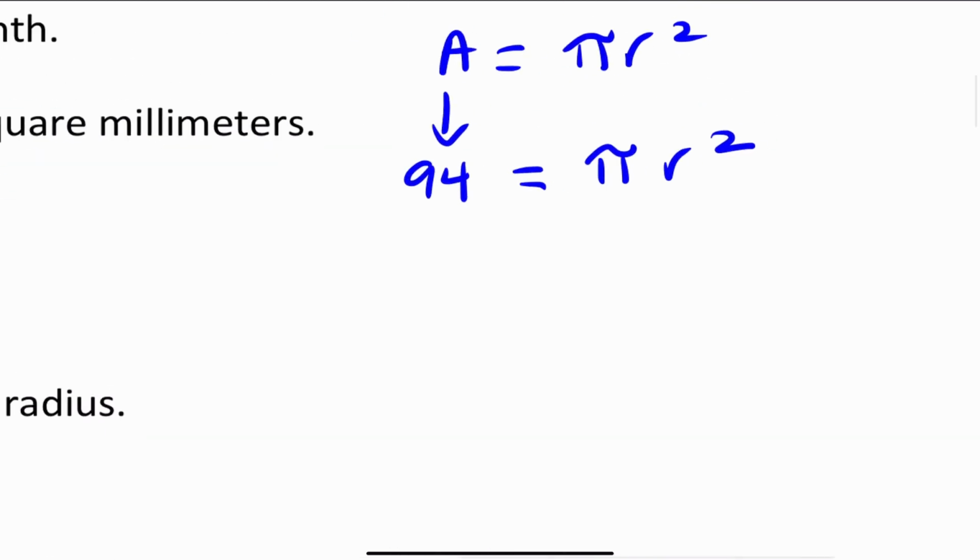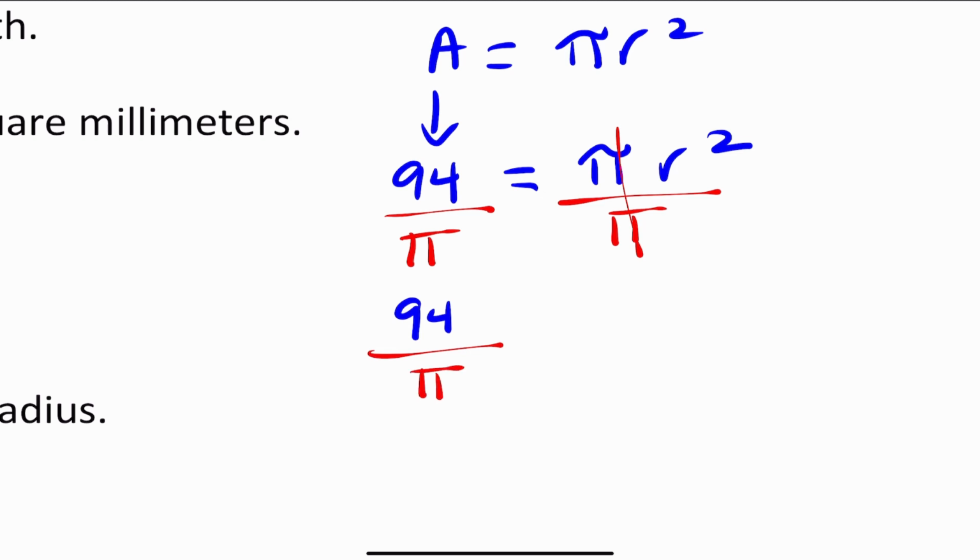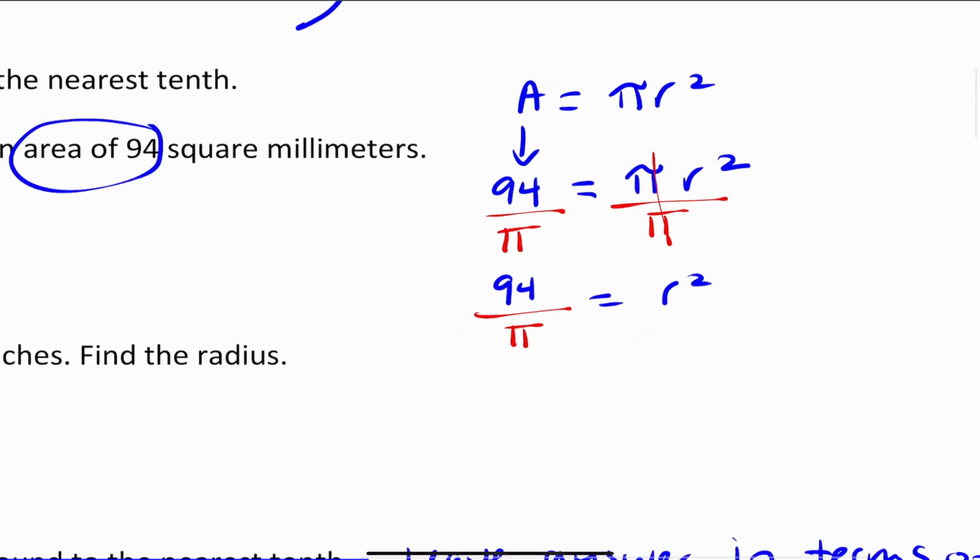So in this case, I have 94 is equal to pi r squared. I'm going to divide both sides by pi. So 94 divided by pi is equal to r squared. Okay, so how do I get the radius by itself? I got to take the square root on both sides.